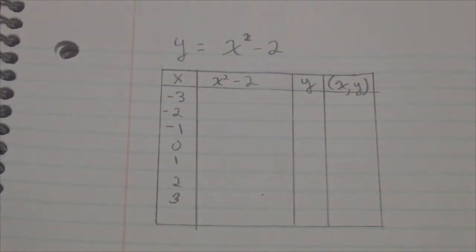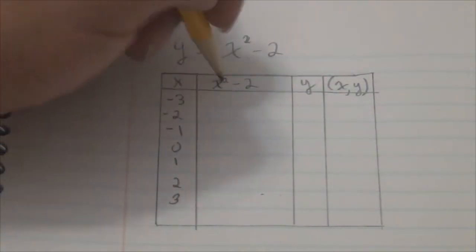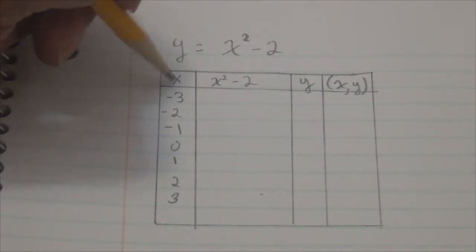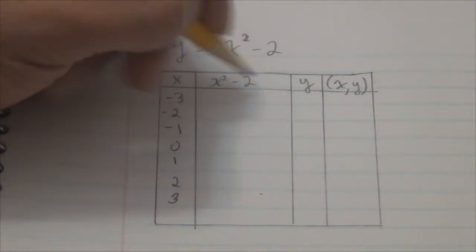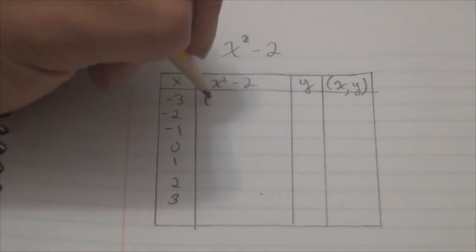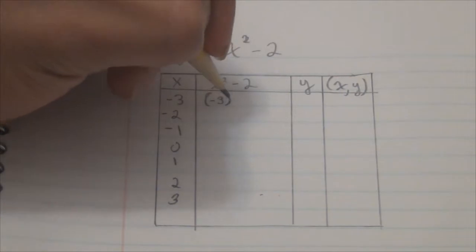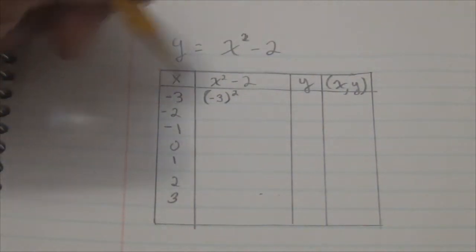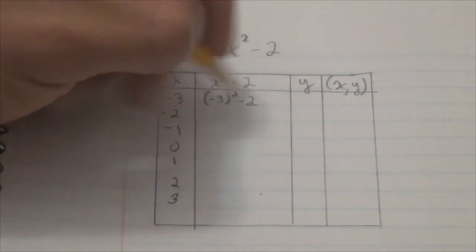All right, and now we just plug the values into the machine. So these are all the values that x is gonna take on. So here in parentheses, because I have negative values, I put -3 squared, instead of the x, now it's -3 because that's the value of the x, minus 2.